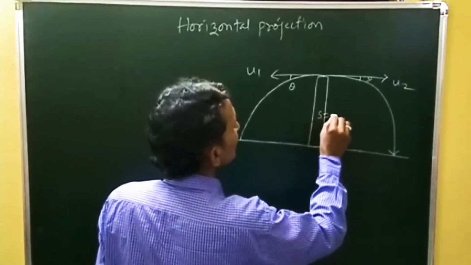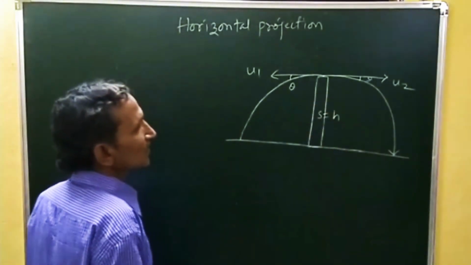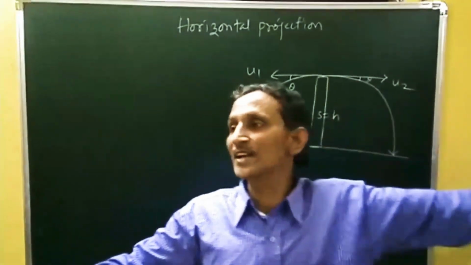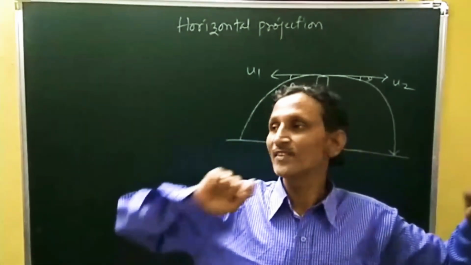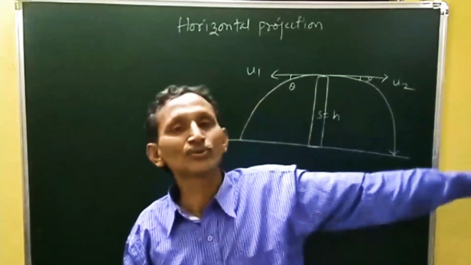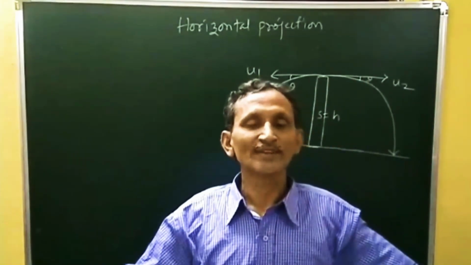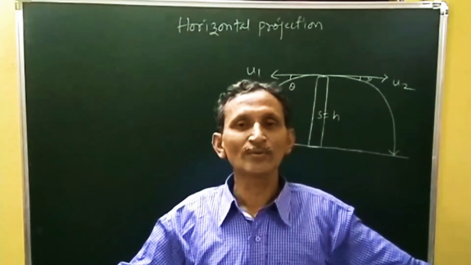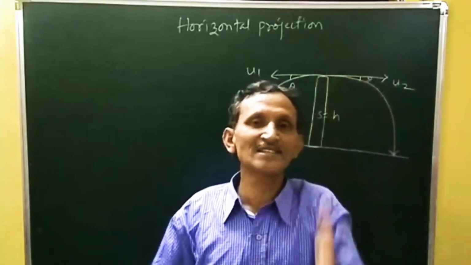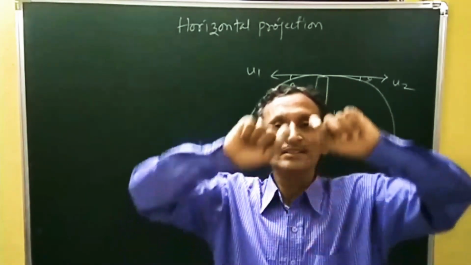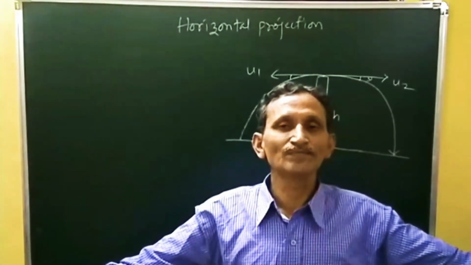From the same tower, two bodies are projected, one to the left side, another to the right side, with initial velocities u1 and u2. They reach the ground at the same time, because the height is the same.